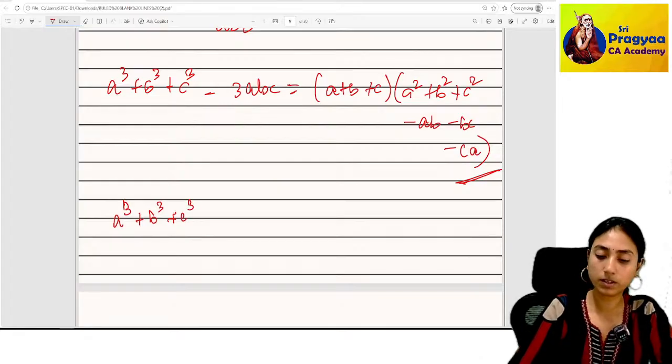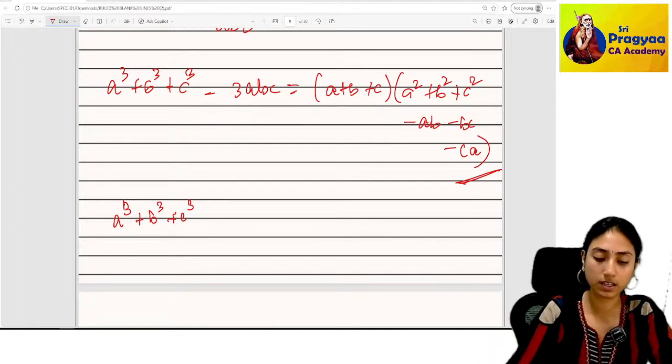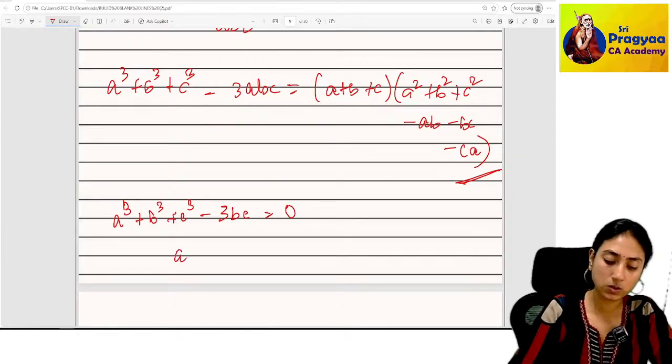The whole thing I wrote like this is to bring out A plus B plus C, because it is there in the question. Okay? Minus is equal to 0 into this term, which is 0. Okay, so A cube plus B cube plus C cube is equal to 3ABC.